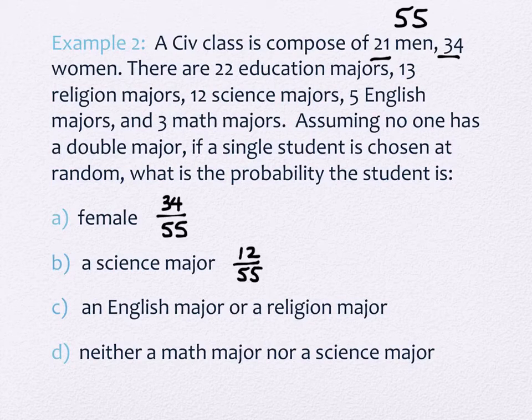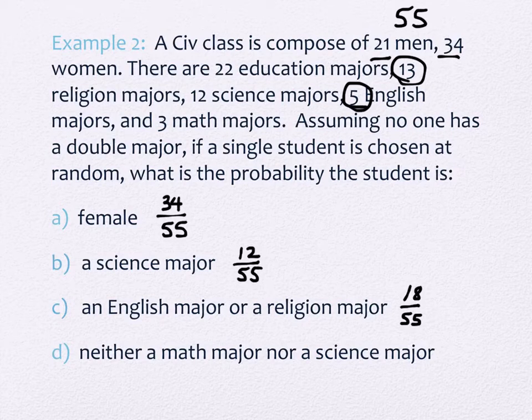So what are we going to do to find that? Right, here's the English and here's the religion. So if I add those together, what do I get? 18 out of 55. Do those reduce? No. Still not going to work, right? No 5s or 11s in 18.